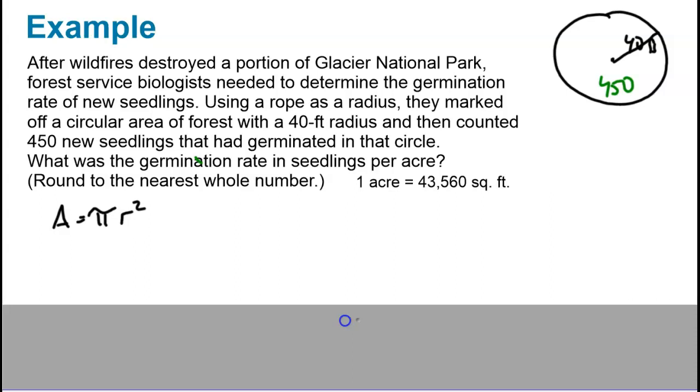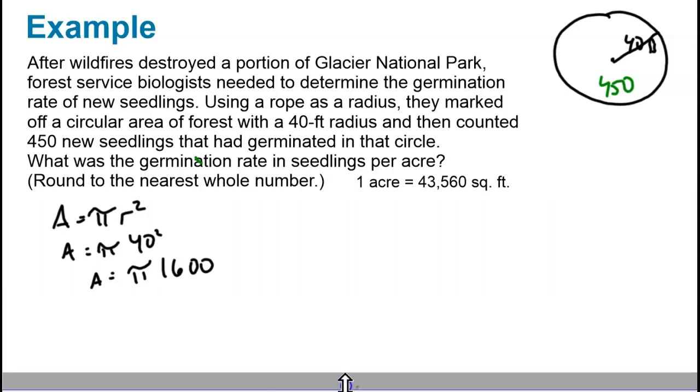By doing this, we'll substitute: area equals pi times 40 squared, and so area equals pi times 1600.